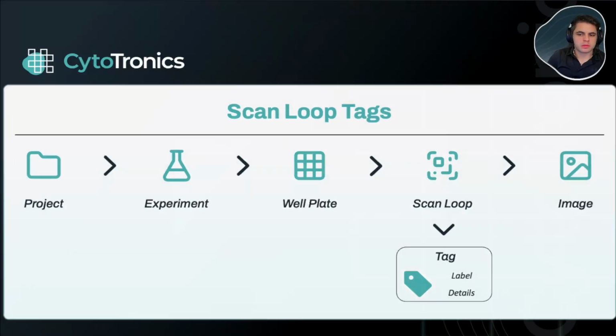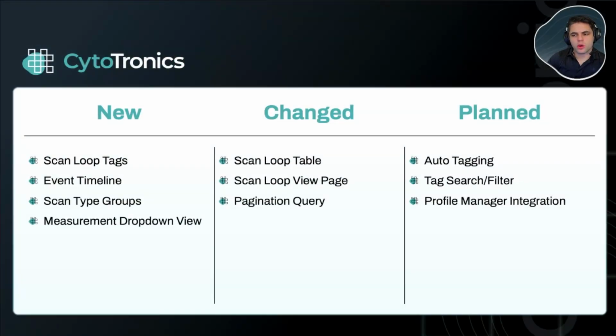So to summarize before we jump into the demo, here's a high-level overview of what's new, what's changed, and what's planned. The new features include the reason for all of this, scan loop tags. Alongside tagging, we have the new interactive event timeline to help easily find scan loops of interest. This also introduces the new concept of scan type groups, as well as the ability to view measurement details within the scan loop table.